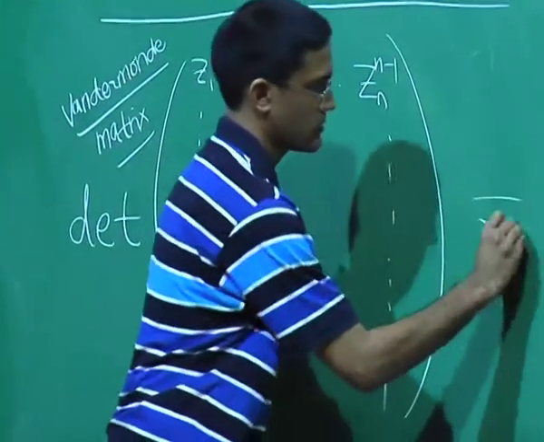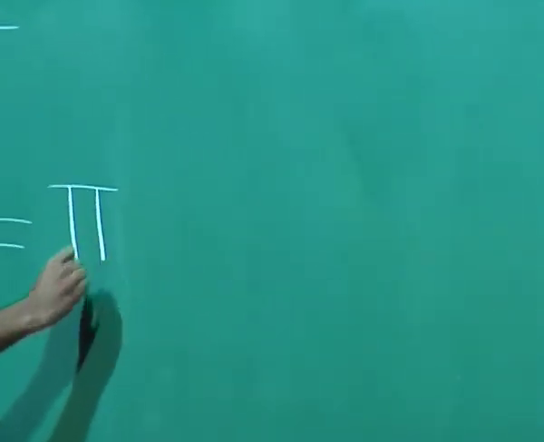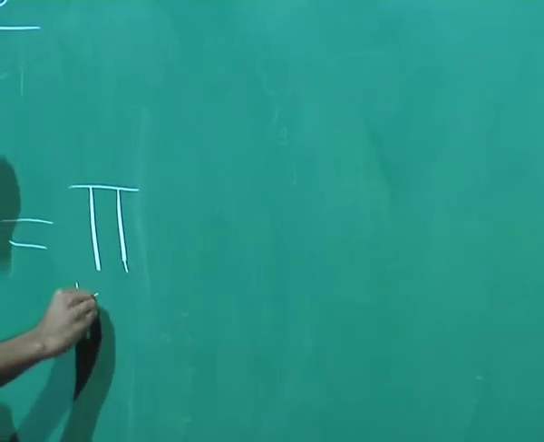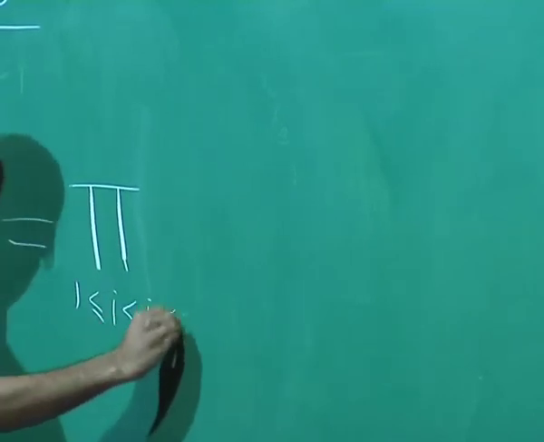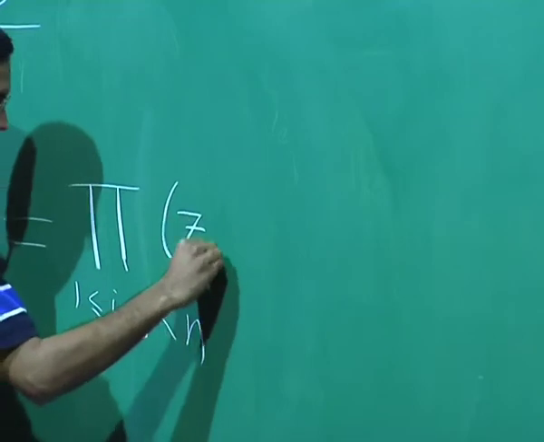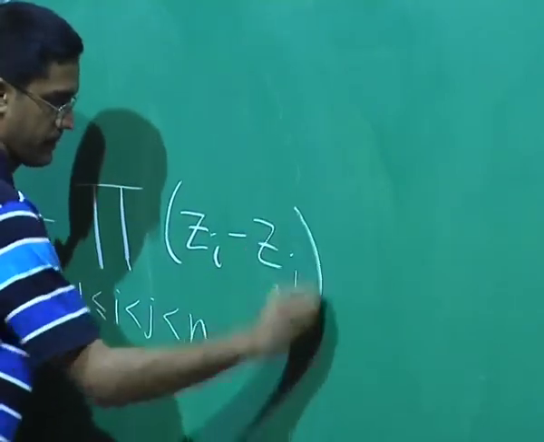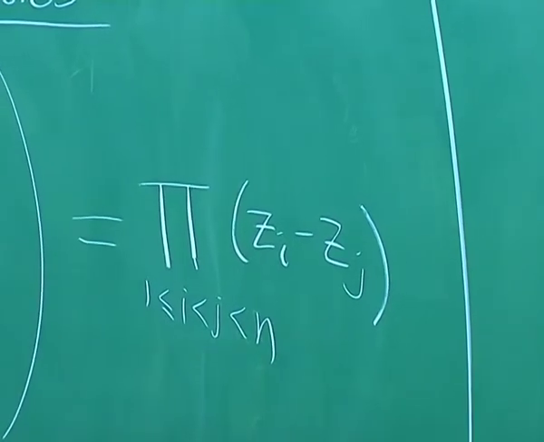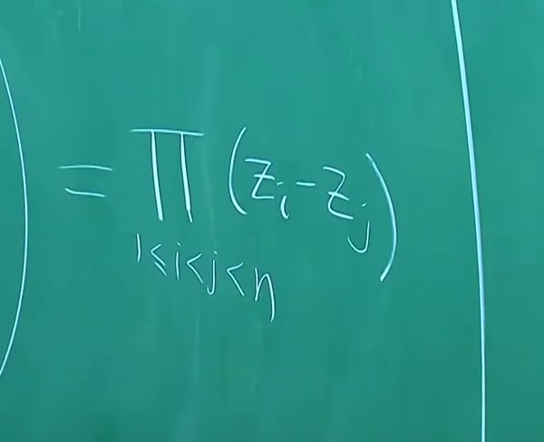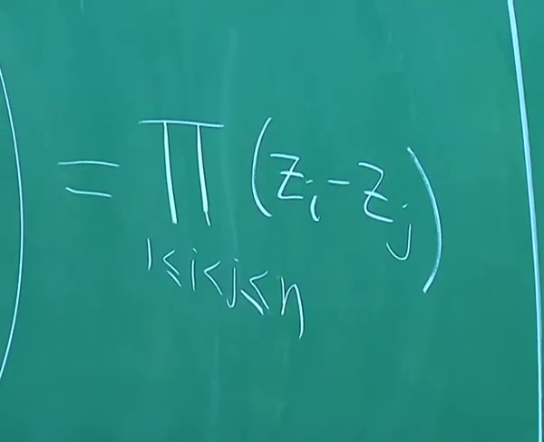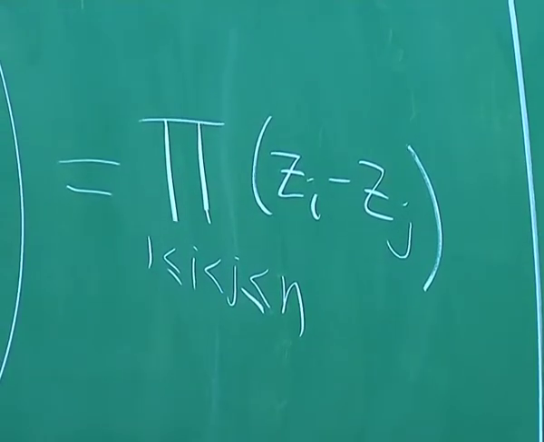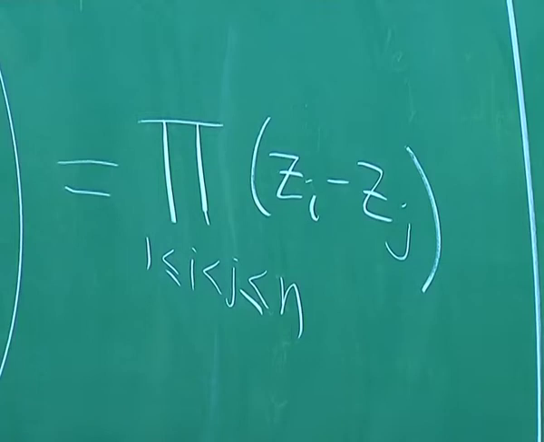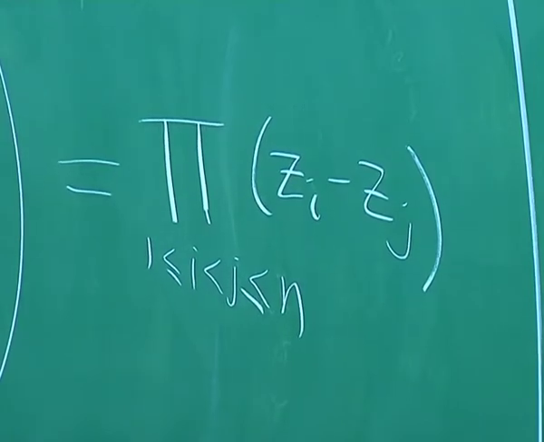And the identity says the answer can be concisely written as a product of the differences of the parameters, over all pairs i, j such that i is smaller than j, of zi minus zj.